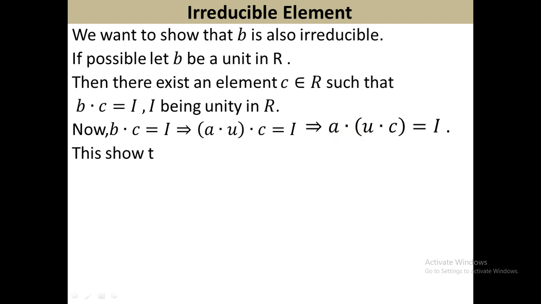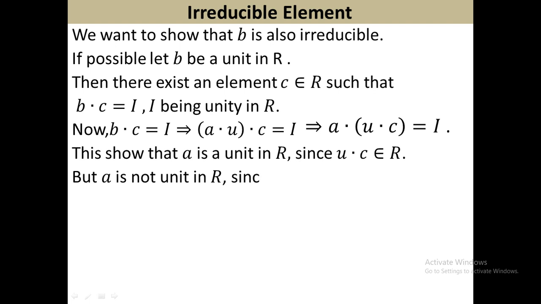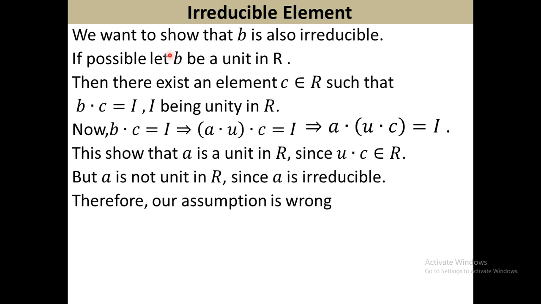This shows that a is a unit since u c belongs to R, but a is not a unit in R since a is an irreducible element. So our assumption is wrong, that b is a unit in R is not possible. Therefore b is not a unit in R.